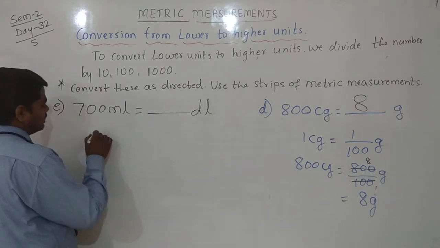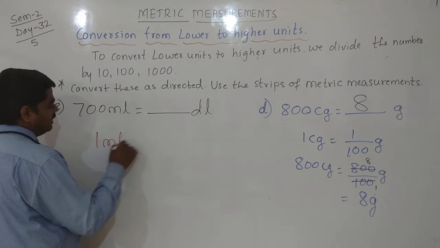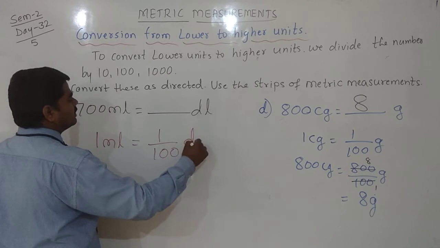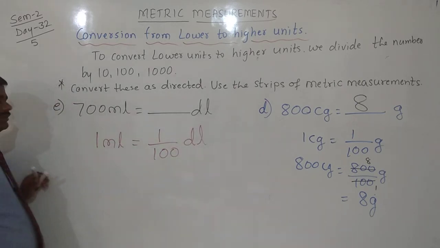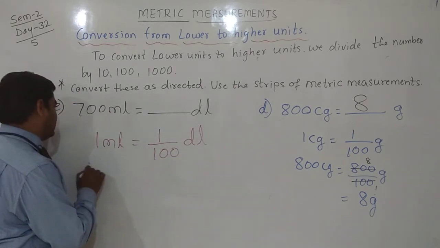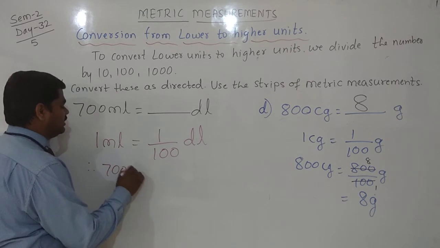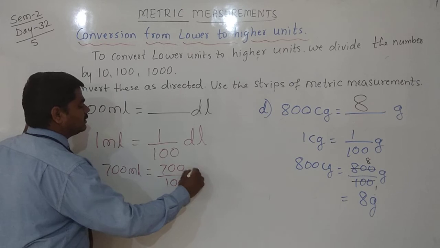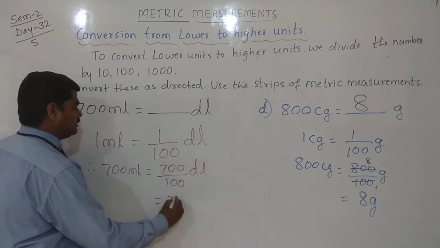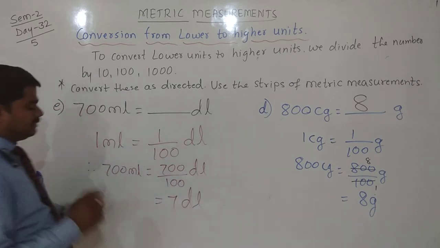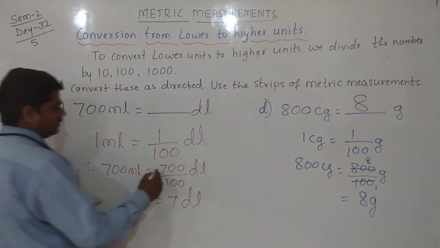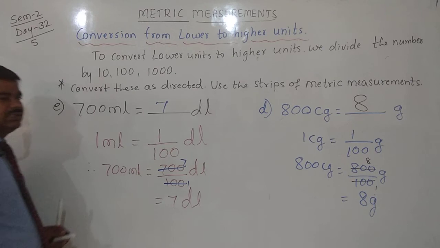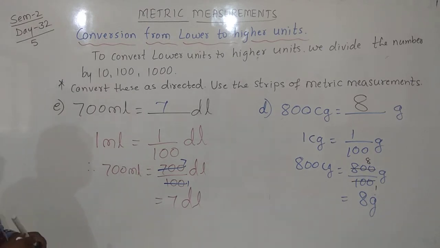Then 1 milliliter is equals to 1 by 100 deciliter. Then 700 milliliter is equals to 700 by 100 deciliter, that is 7 deciliter is the answer. 7 times 1 time, 7 deciliter. Next one.